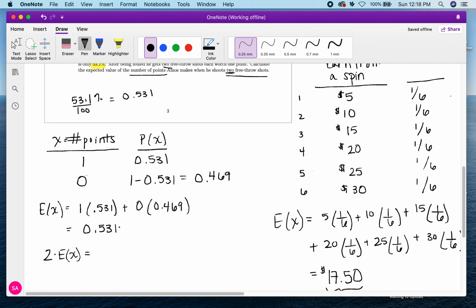Because this is the expected value of 1 shot. So to figure out the expected value of 2 shots, we're just going to multiply that expected value by 2. So it'll be 2 times 0.531, which is going to be 1.062.